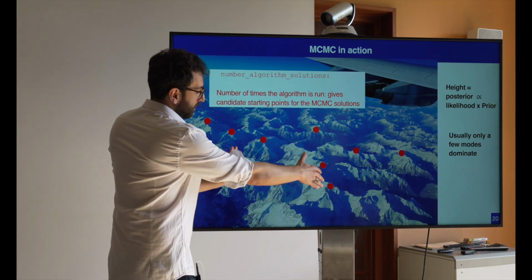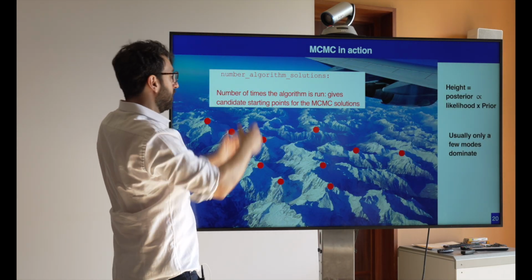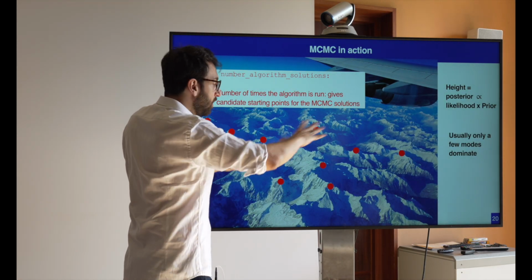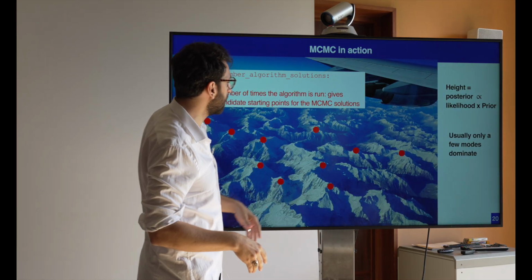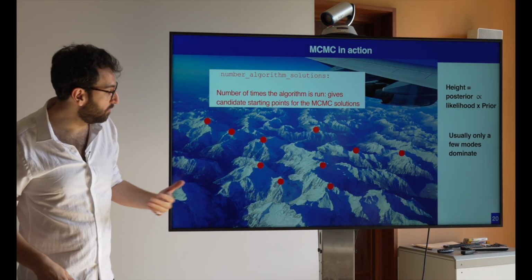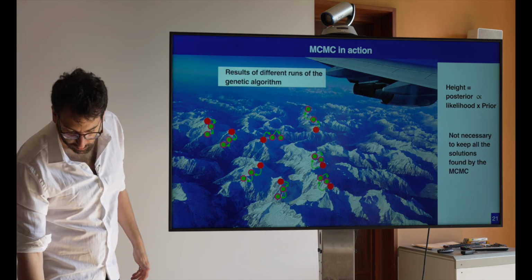Now, if you had a mountain which is completely dominating, then you don't really care about the other values of the likelihood. But in this situation, you want a lot of starting points.